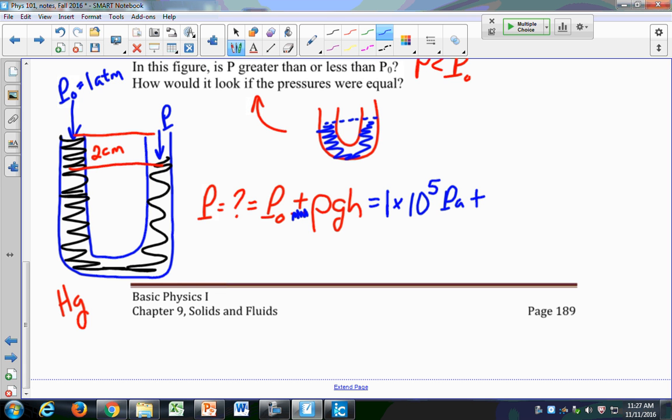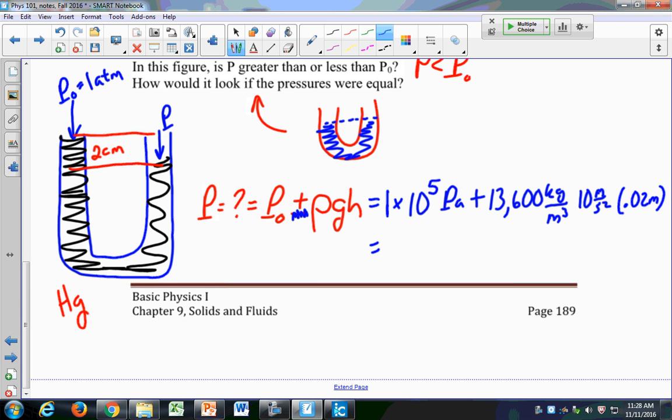Everybody know the density of mercury right off the top of your head? It's pretty dense. It's like 13,600 kilograms per cubic meter. And then the acceleration due to gravity is 10. And then H is 2 centimeters, but don't forget to convert that into meters, 0.02 meters.